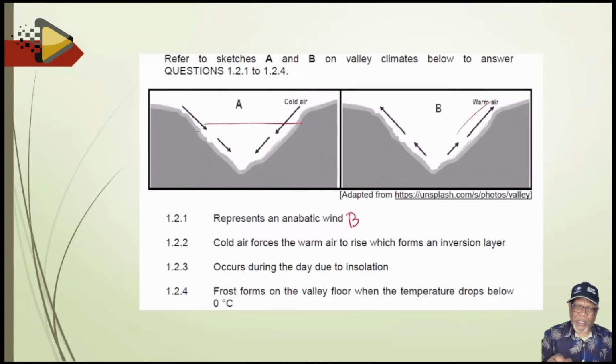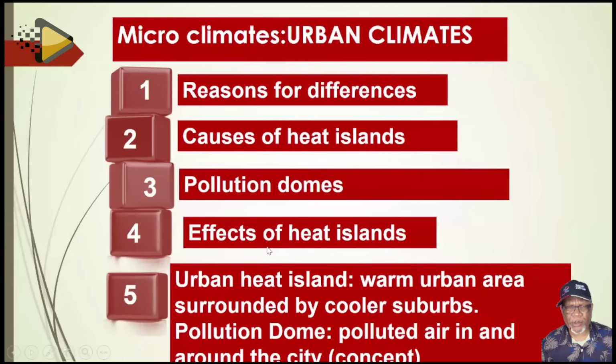The inversion layer is formed here when this cold air that comes here forces the warm air to rise, which is going to be at A. This occurs during the day due to insolation, which is B. Frost forms on the valley floor when the temperature drops below freezing point, which is at A. So these questions are so similar. When it comes to valley climates, I expect everybody to get 100% from the questions.